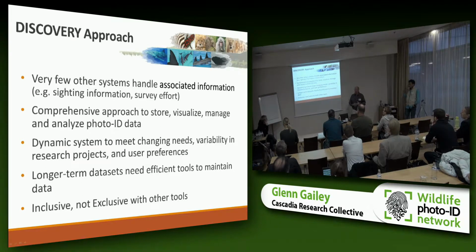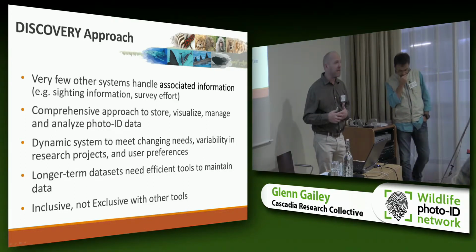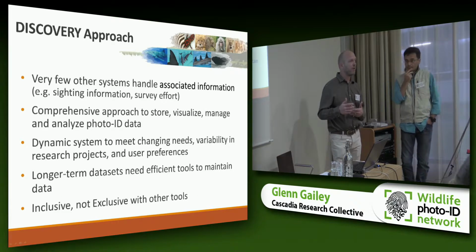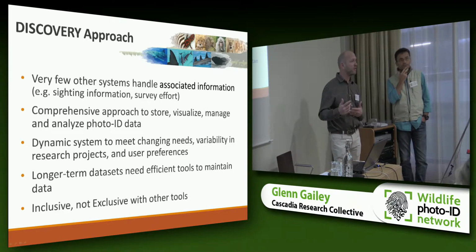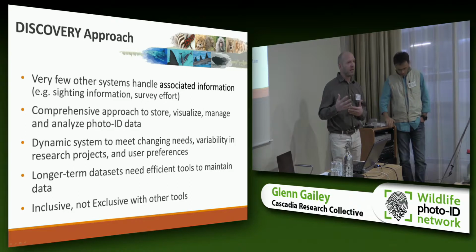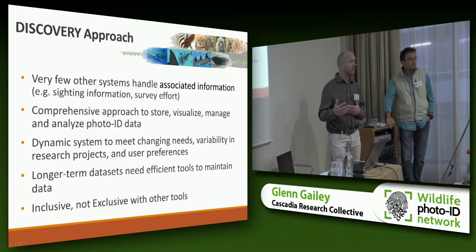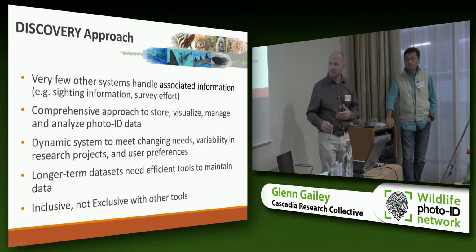So we really tried to make this a dynamic system to change over time, and also to fit whatever your research project's needs are. We realized that we're getting more and more long-term data sets, and so this really requires collaboration between different research groups. We really need to try to standardize databases, because doing those comparisons between different databases from different labs is hugely time-consuming as well.